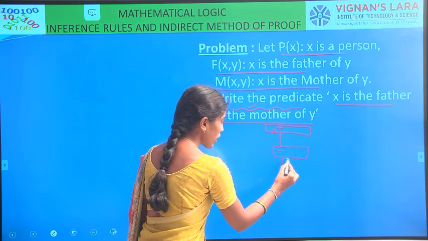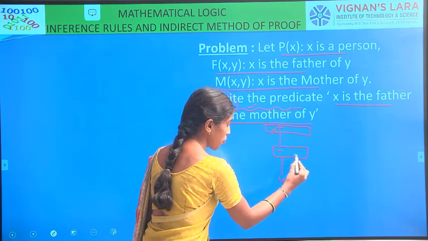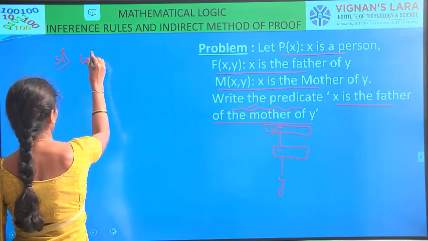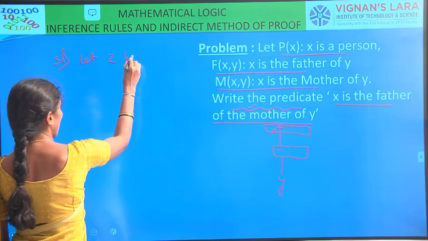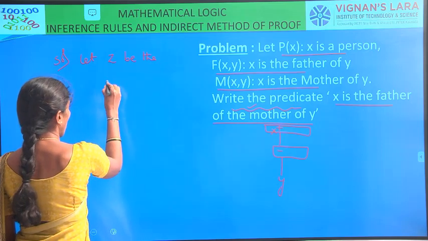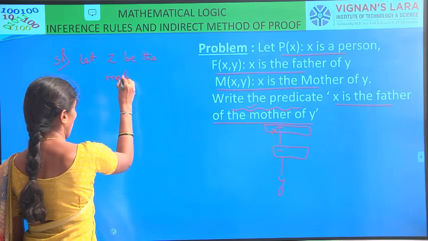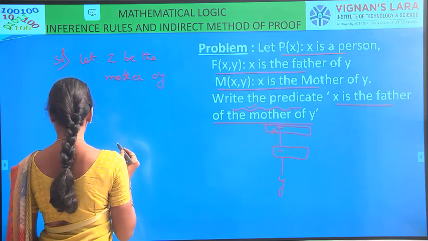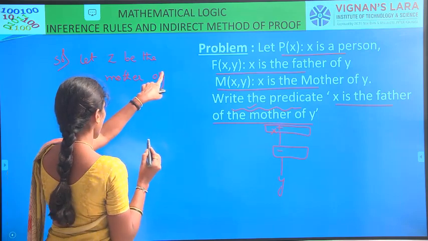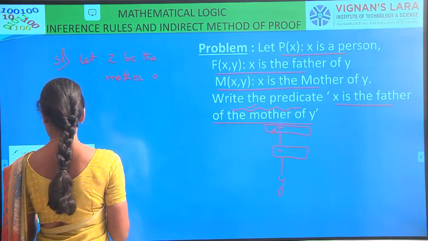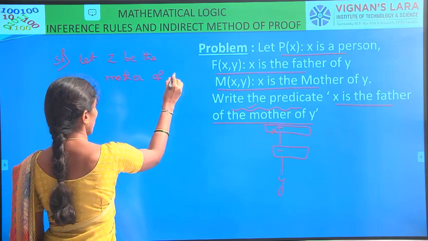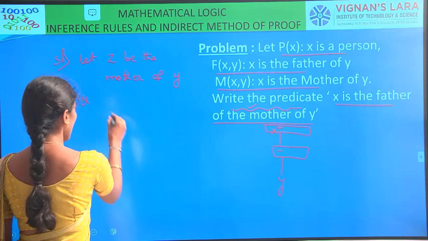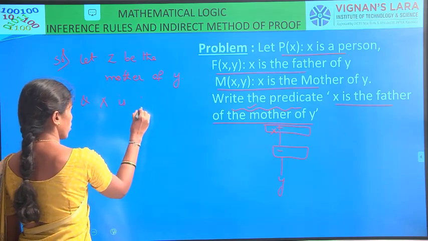So we have to introduce some person in this middle generation, so we write it as: let Z be the mother of Y. And X is the, who is X?